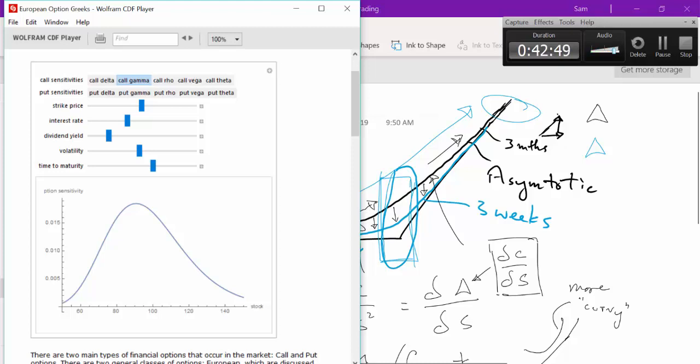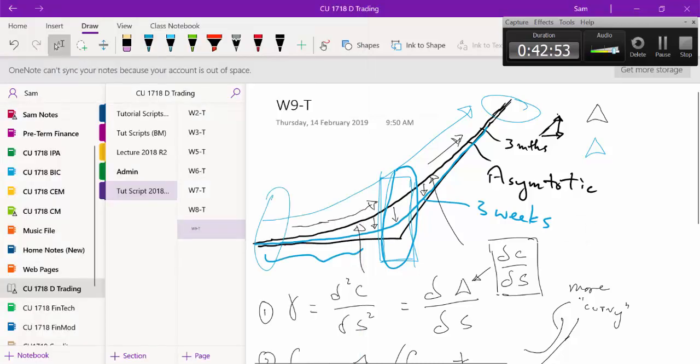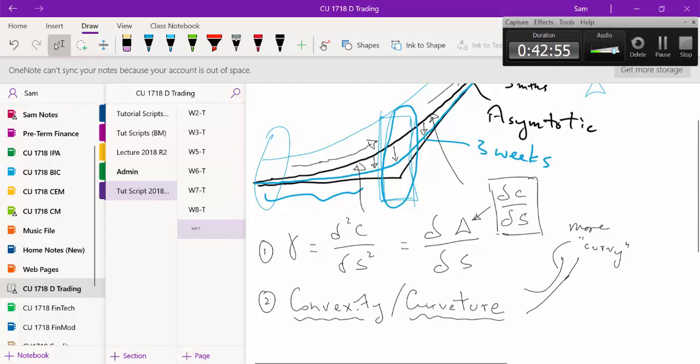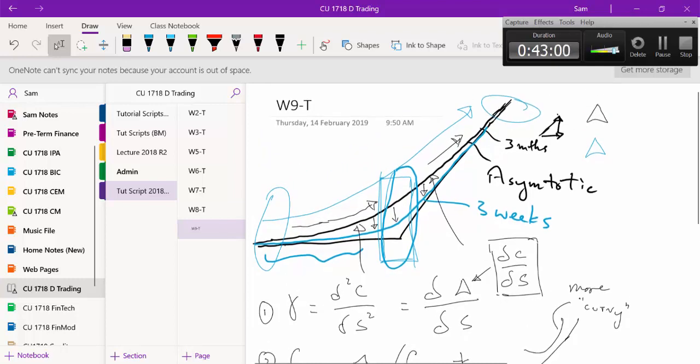Are you with me? Yeah? Everyone is okay? Now, if you want to use the second interpretation about the curvature, that is also good. So there is not much curvature over here. It's practically a straight line. That's why I say asymptotic, okay? It is approaching a straight line here and approaching a straight line over here.